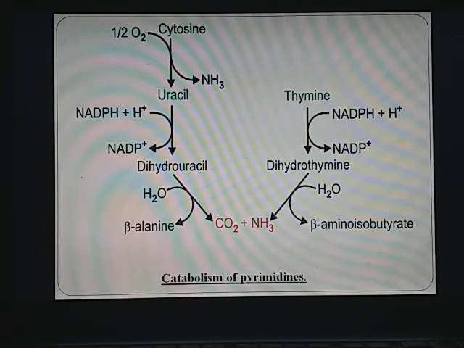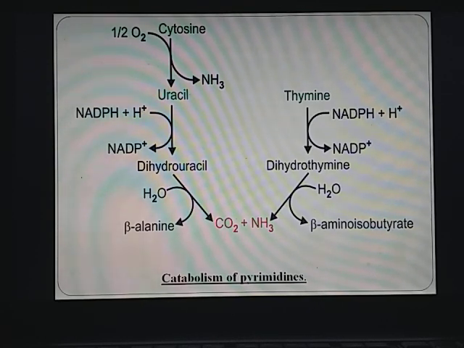In this, beta-alanine and beta amino isobutyric acid are important amino acids which can be converted to acetyl-CoA and succinyl-CoA respectively, and can be utilized wherever there is a requirement for them. So beta-alanine can be converted to acetyl-CoA and beta amino isobutyric acid can be converted to succinyl-CoA.